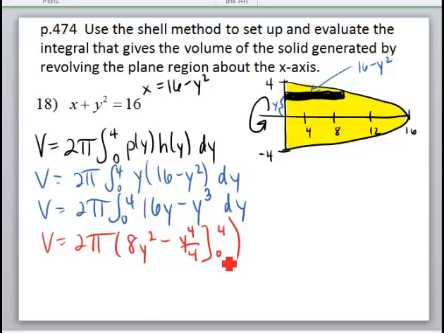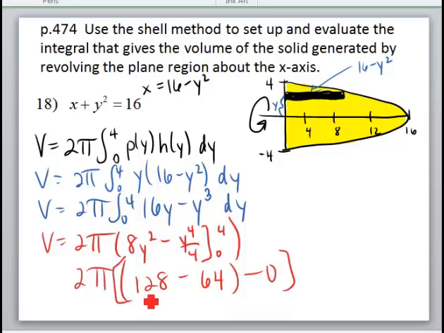So when I plug in my numbers, I end up getting 128 minus 64 minus 0, which is 64 times 2, which is 128 pi.